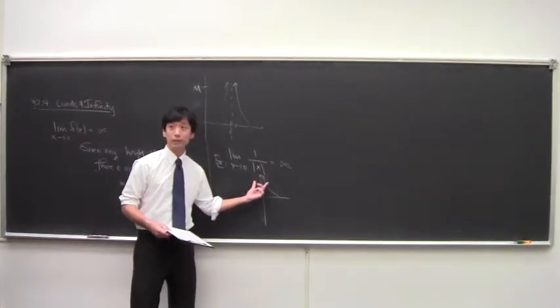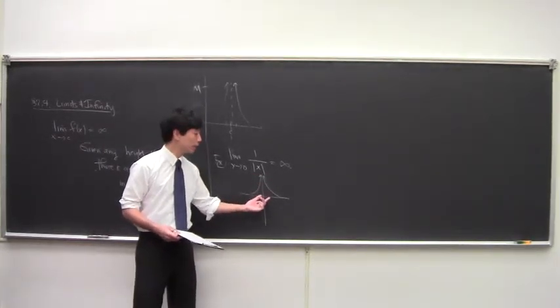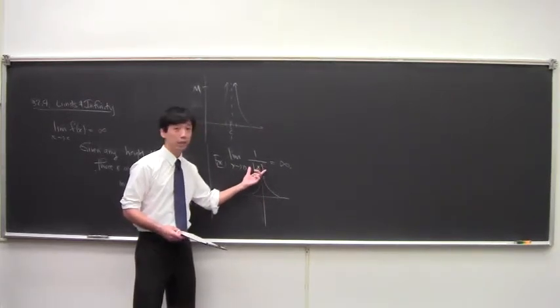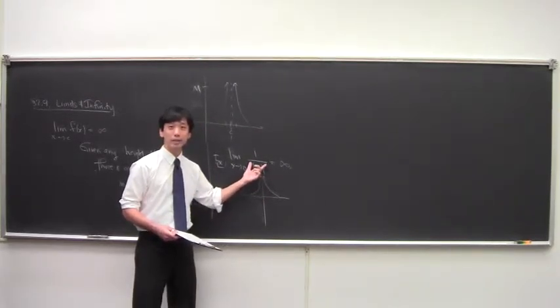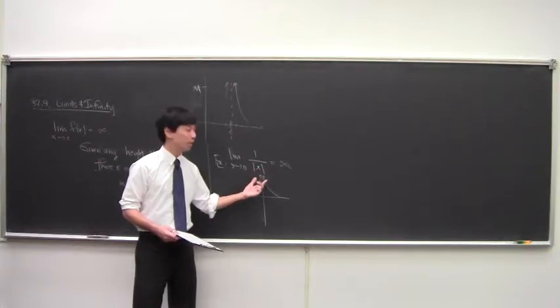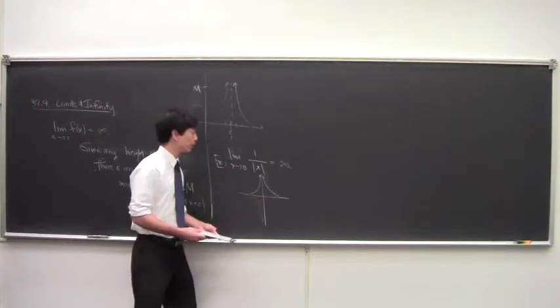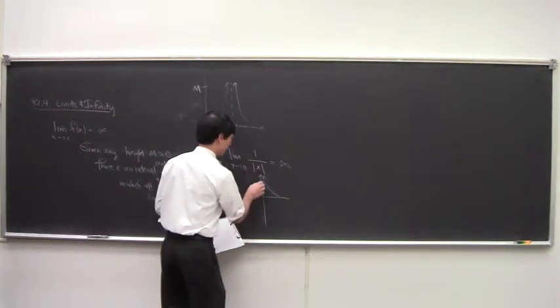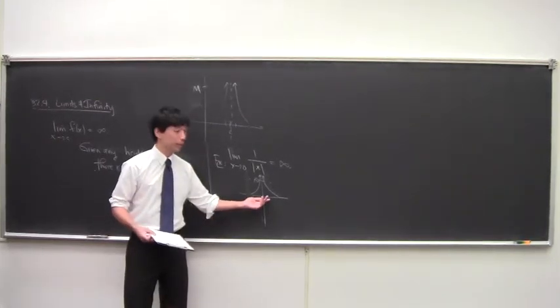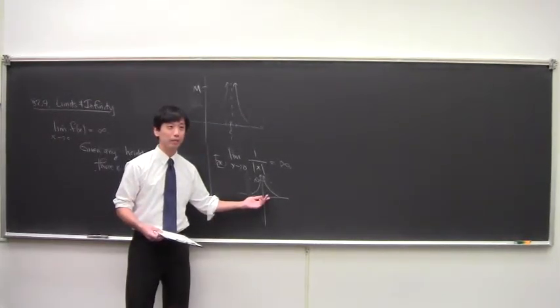Suppose I say it looks like it's going off to infinity, and I ask you to give me an interval around 0 in which your function exceeds 10. So I put a bar here at height 10, and I say, can you give me an interval in which your function exceeds that value?